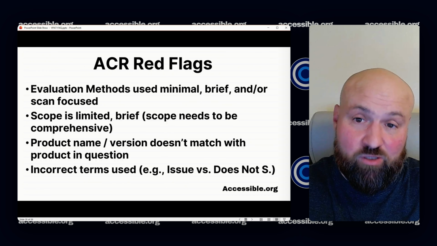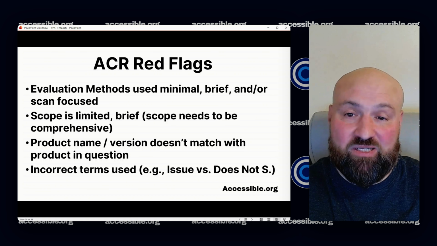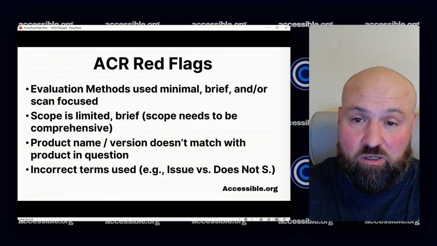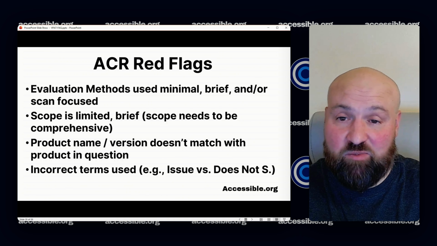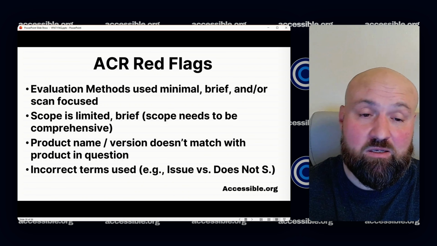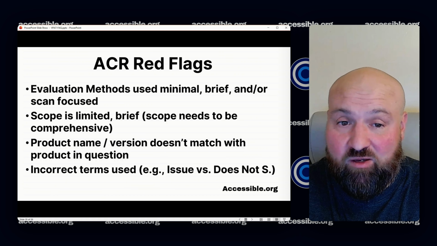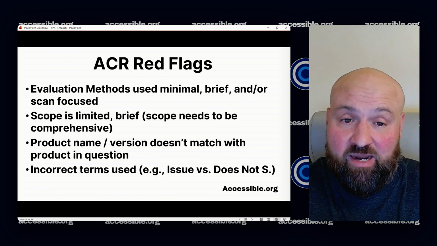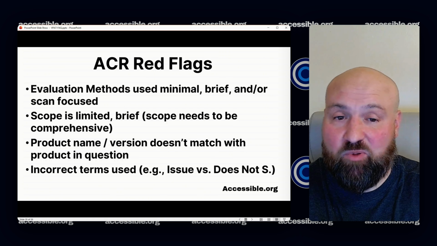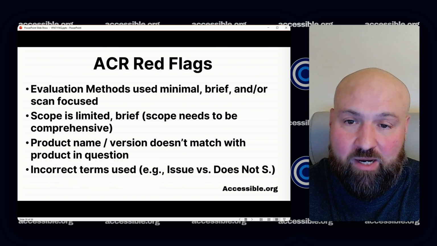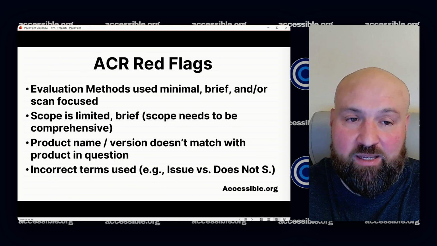So that's actually a good thing on the part of the provider, but it's a red flag in the sense that, hey, we don't have the full picture when it comes to the accessibility of this product or service because the scope is so limited. So if that is the case, we're really going to need a new ACR because we need to have a document that acts as an accounting of the accessibility of this product or service. So these are different bullet points to keep in mind when you are looking at an ACR.